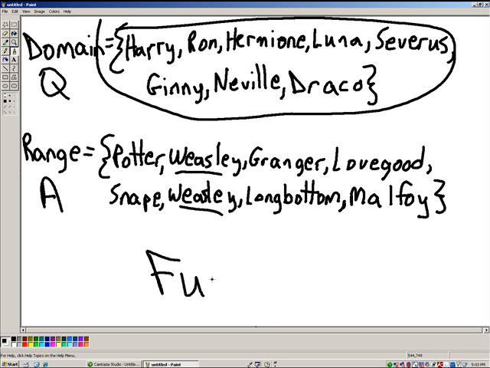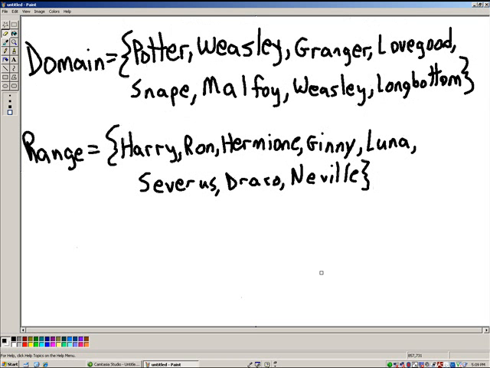It is still a relation, but now we can specifically refer to it as a function because there is no duplicate in the domain. Okay, when we reverse the question, then the last names become the domain and the first names become the range. Remember, we said, well, what if we asked it the other way?